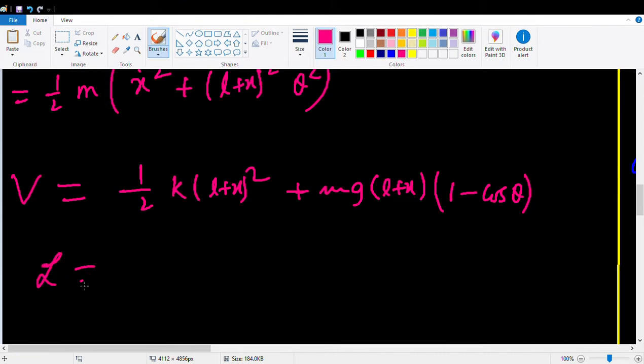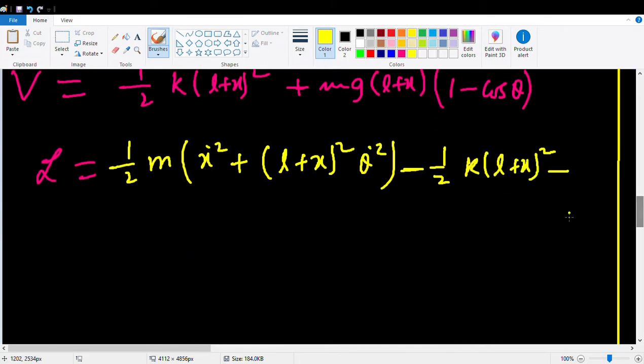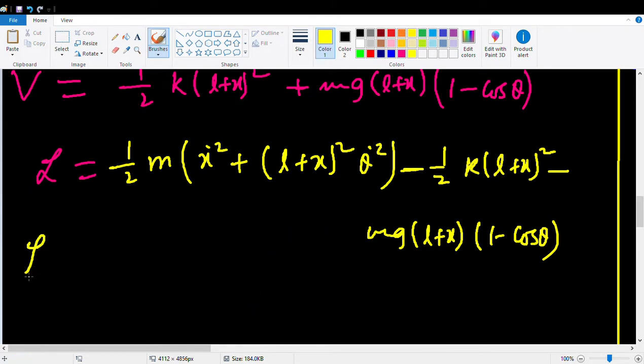Well, now I can write the Lagrangian for this framework. So I have half m x dot squared plus L plus x squared theta dot squared. Now here the negative sign with this guy. Now here you can see that the Lagrangian depends on x also, x dot also, theta also, and theta dot also.